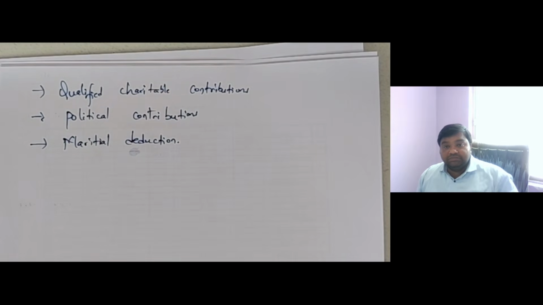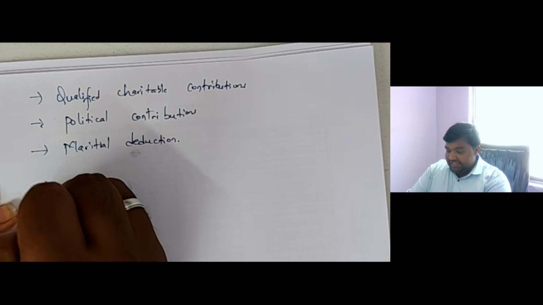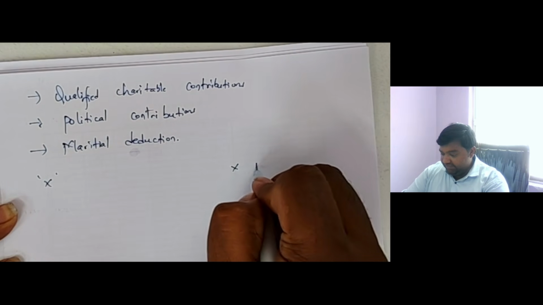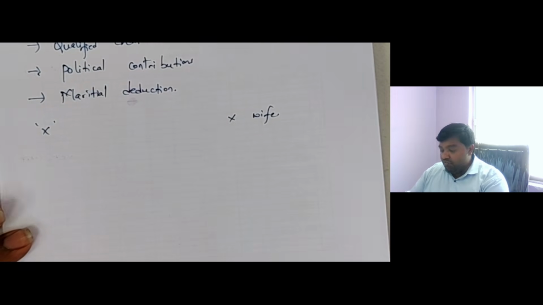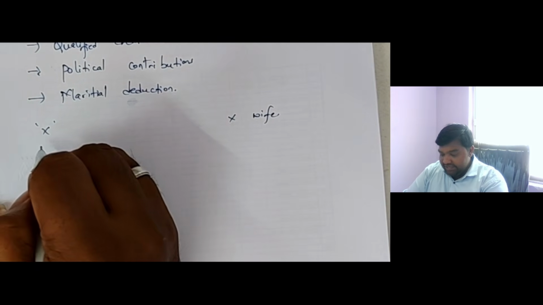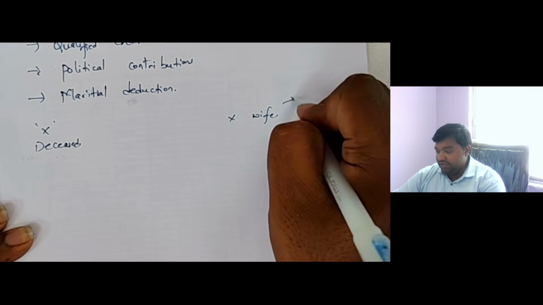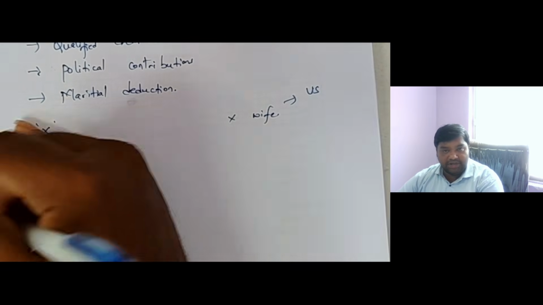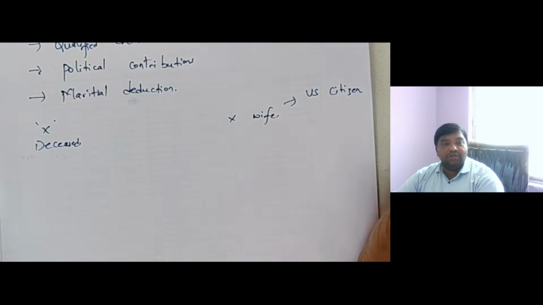Marital deduction. There is one tax planning option available here related to the marital deduction. Say X has an ex-wife, and X has died. Remember, the ex-wife should be a US citizen, only then is the marital deduction possible.